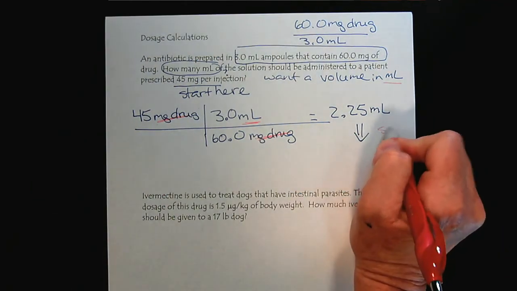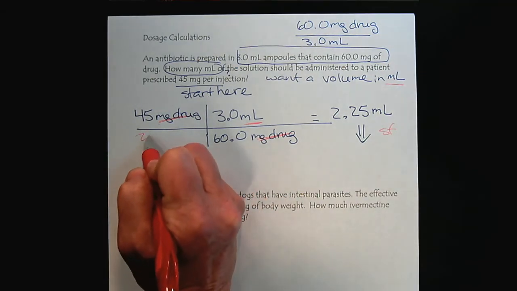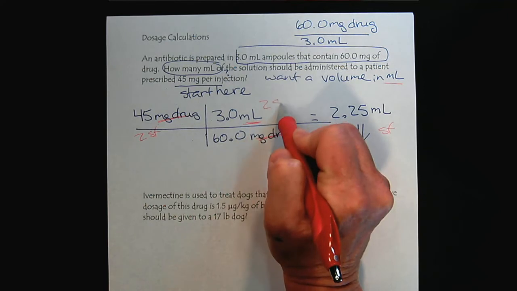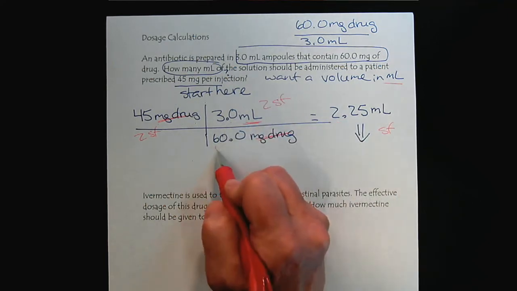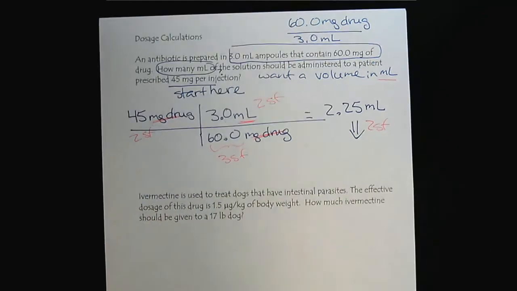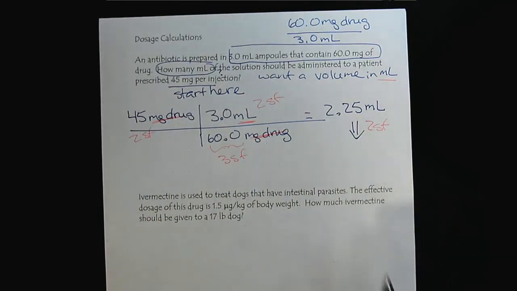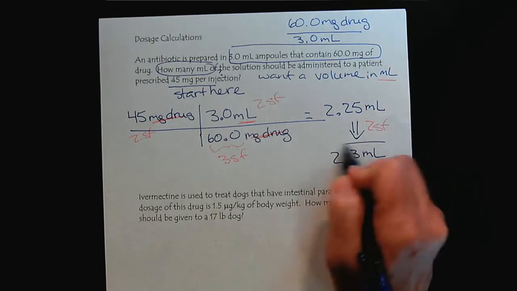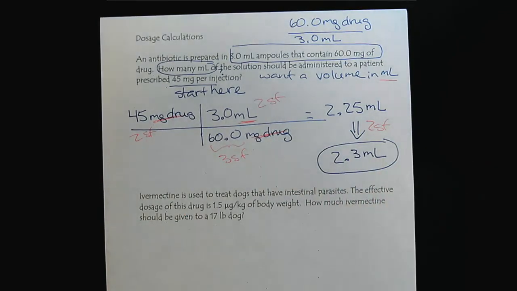So if we look at the sig figs, we have 45 would be 2 here, for the volume, and 3 here. So we want to round our answer to 2 sig figs. So 2.3 milliliters would be the correct volume to inject in the patient.